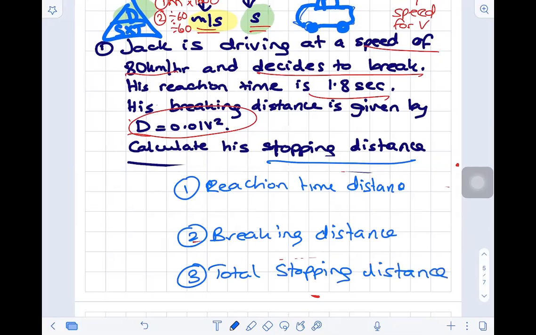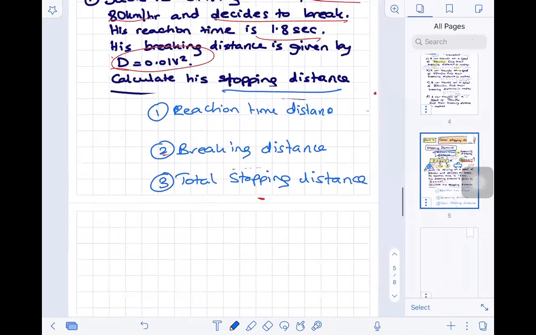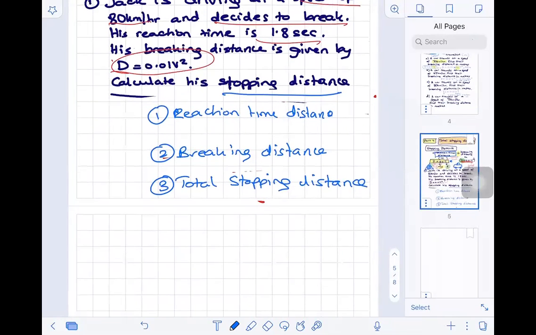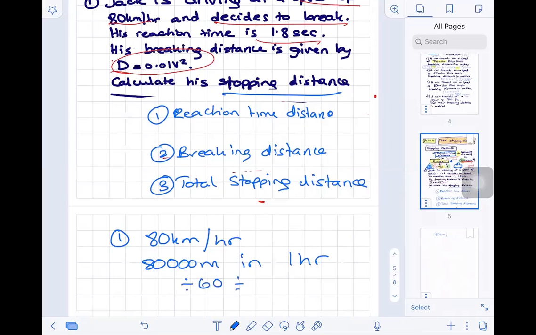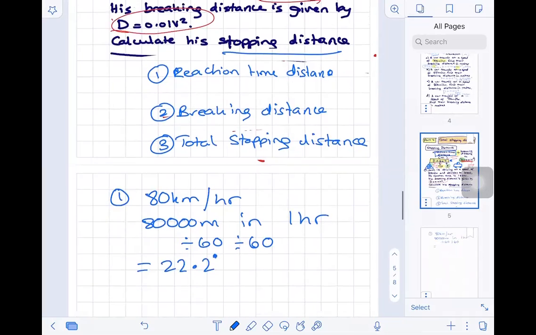Okay, so the reaction time, I'm just going to add another page in here. To get the reaction time, we need to take the 80 kilometers per hour and change it to meters. So that's meters in 1 hour. Then to get it per second, because we need to get the same units, we divide by 60, divide by 60. Keep that in your calculator so that you don't use a rounded off. I get 22.2 recurring.